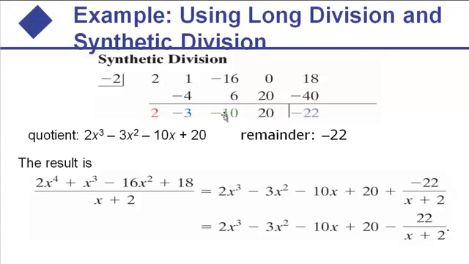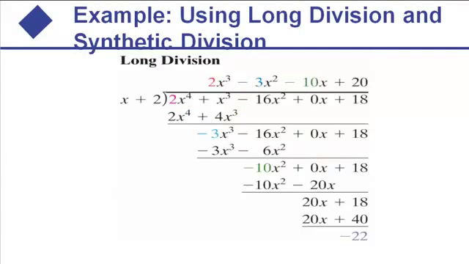Now, I didn't point this out on the previous slide, but here is a much prettier version of the synthetic division that we just did. And you'll notice that these numbers here correspond to these numbers here, and with your remainder. So not only does synthetic division give you the remainder, it also gives you the other piece, right? The quotient piece.